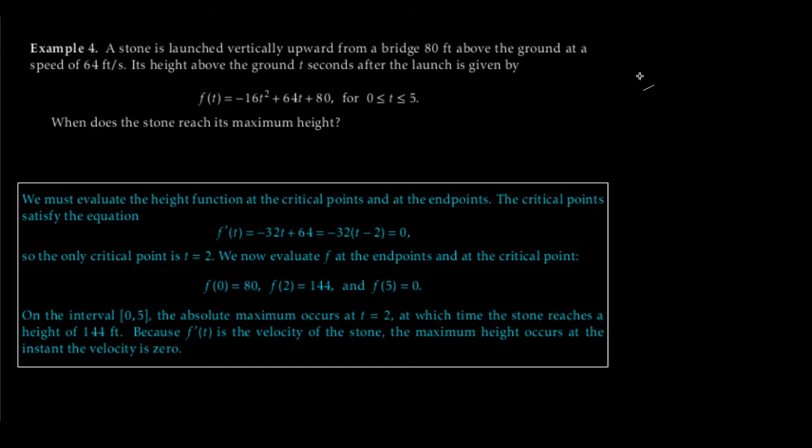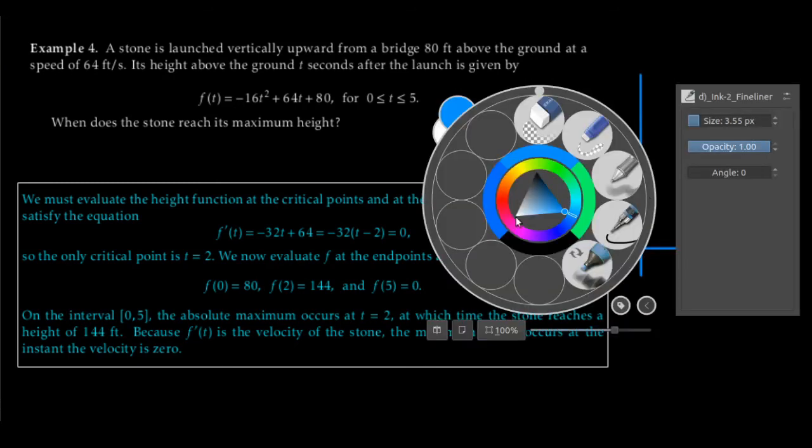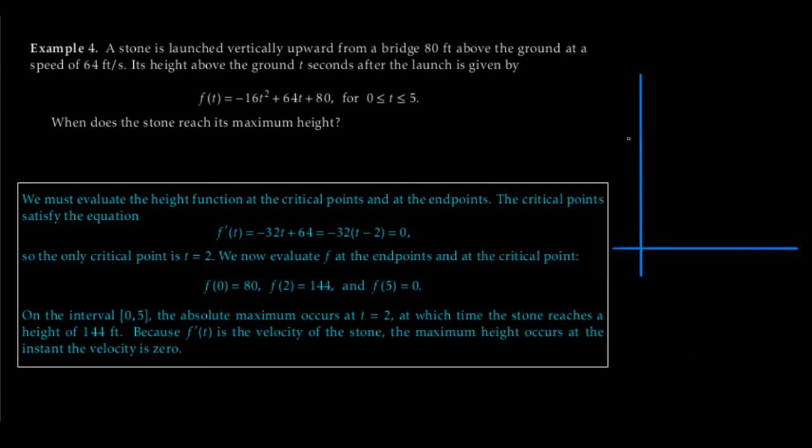So let's sketch ourselves a quick little picture. Alright, I'm going to do some axes right here just to make our lives a bit easier. Now I'm going to switch colors to keep everything readable. Okay, so we've got ourselves some kind of a bridge about 80 feet up. And here we've got some guy standing, and he throws a little stone.